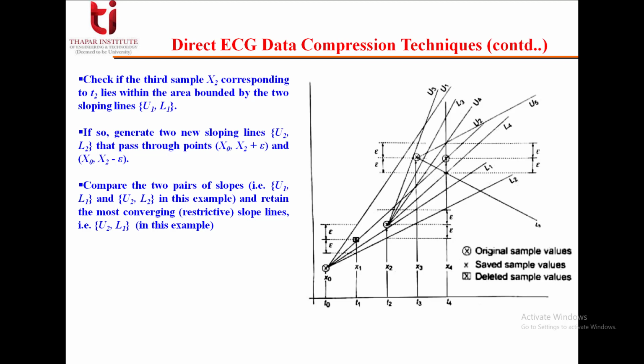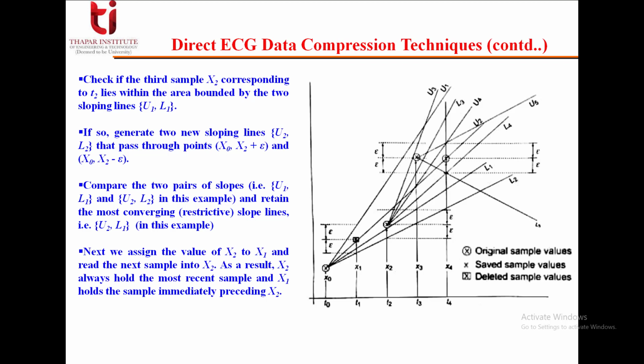Then we compare the two pairs of slopes, U1, L1 and U2, L2 in this example, and retain the most converging, that is most restrictive, slope lines. For example, here it is U2 and L1. Then we assign the value of x2 to x1 and read the next sample into x2. As a result, x2 always holds the most recent sample and x1 holds the sample immediately preceding x2.